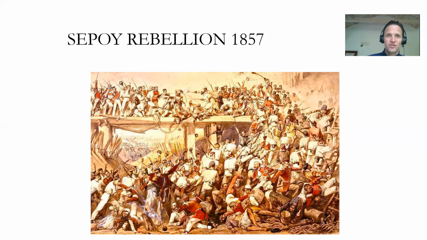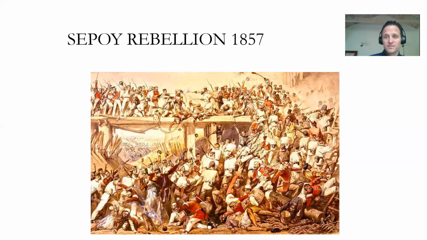The seizure of a province called Oudh, which was a very important historical and cultural province for the Mughal and Hindu Indians in India. And then the conversion, or the attempted conversion, of Hindus and Muslims to Christianity by the British. All those things triggered the Sepoy Rebellion.